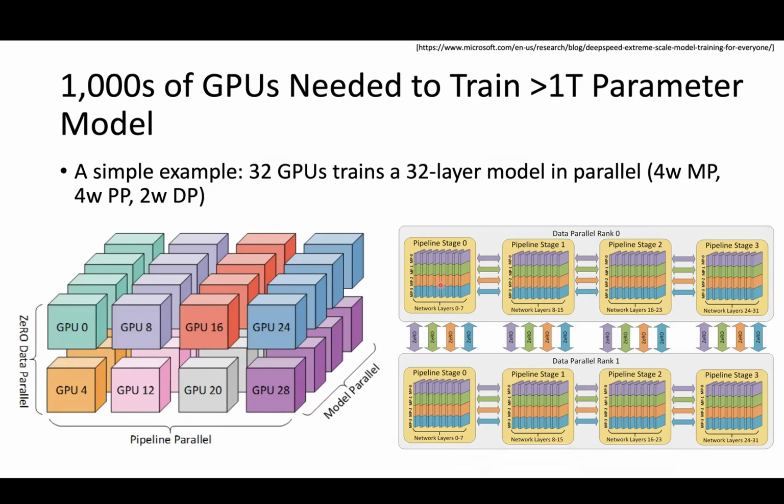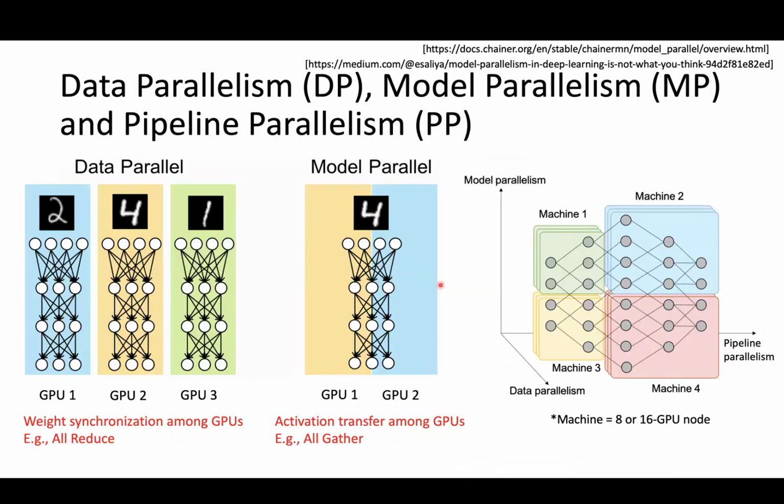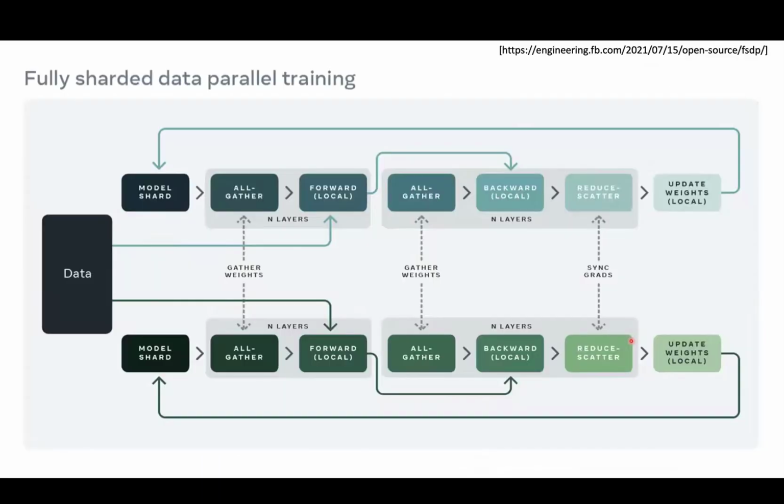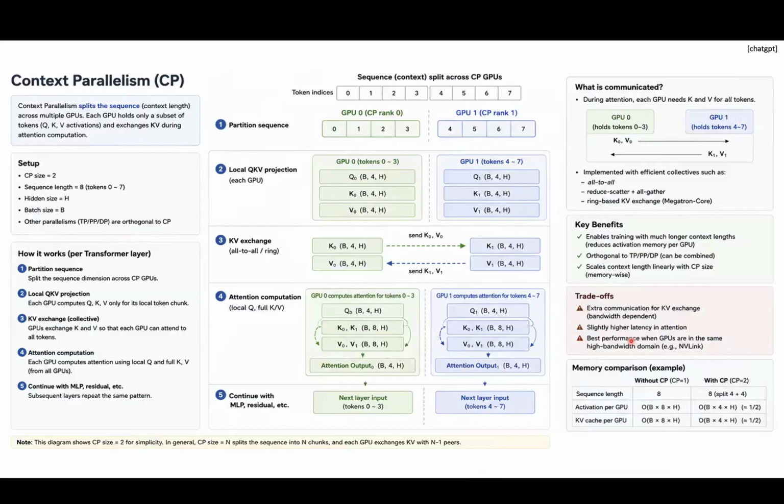So in order to do parallel execution of large model, we studied several types of parallelism: data parallelism, model parallelism, pipeline parallelism, and ZeRO DP, and context parallelism as well.